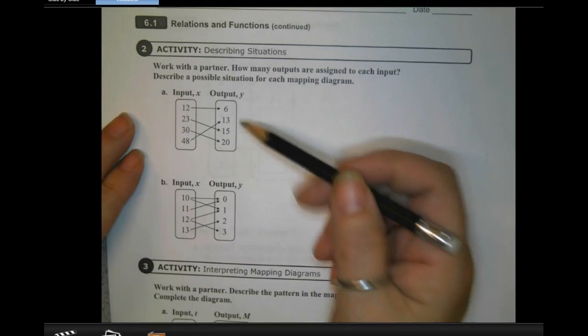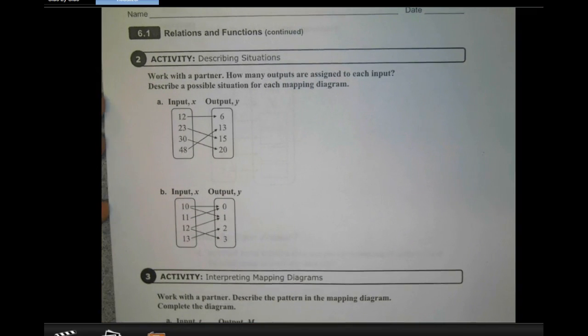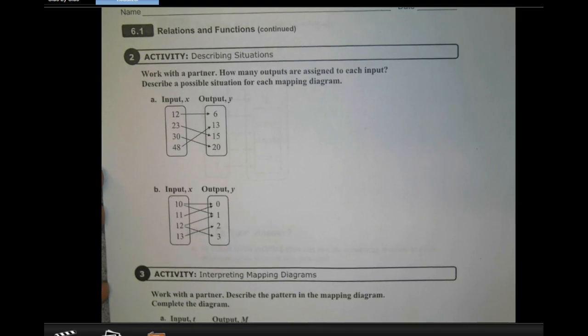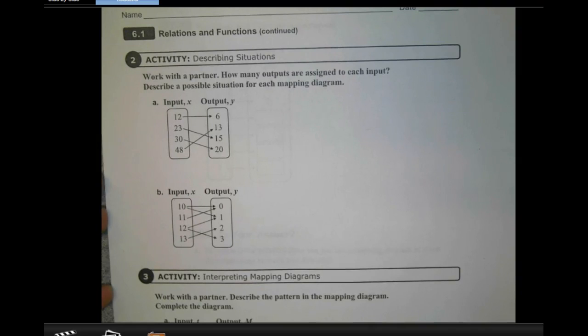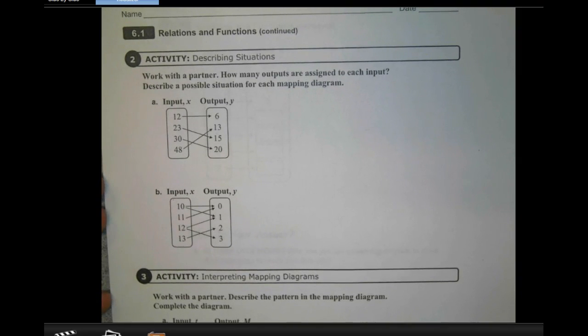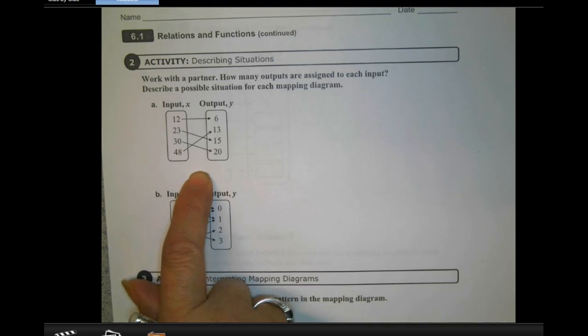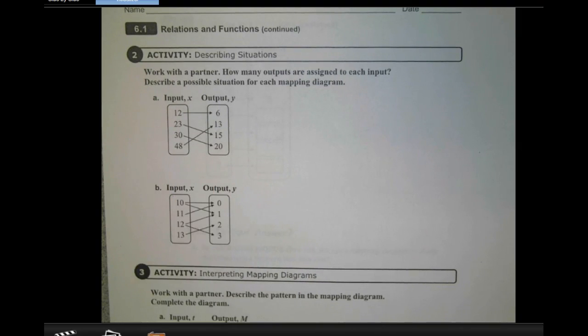So this time we have 2 sets of mapping diagrams. You're going to figure out how many outputs are assigned to each input. Okay, so how could you figure out your output and input? What could you write? Yesterday, your homework, you had a bunch of what?